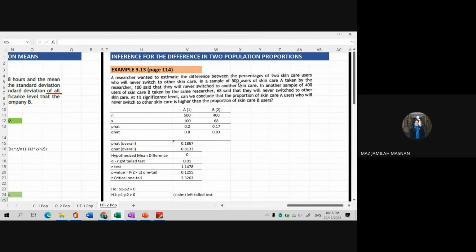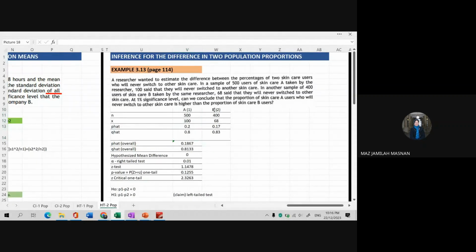In a sample of 500 users of skincare A taken by the researcher, 100 said that they will never switch to another skincare. In another sample of 400 users of skincare B taken by the same researcher, 68 said that they will never switch to another skincare.